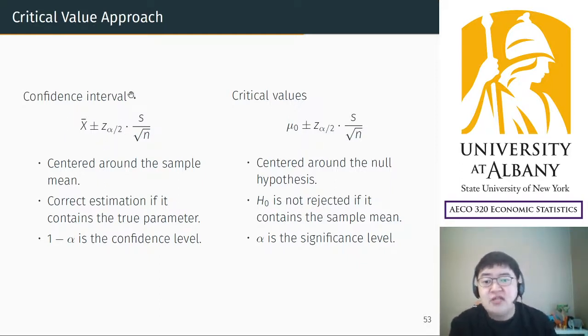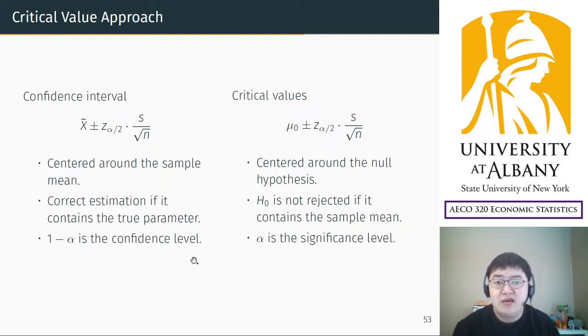And confidence interval, as I said, is correct if it contains the true parameter. So the goal of this interval is to contain the true parameter. But in this case, critical values, it is not a goal to contain the sample mean, but the purpose of calculating this interval is to be compared with the sample mean and make the decision based on the comparison, right?